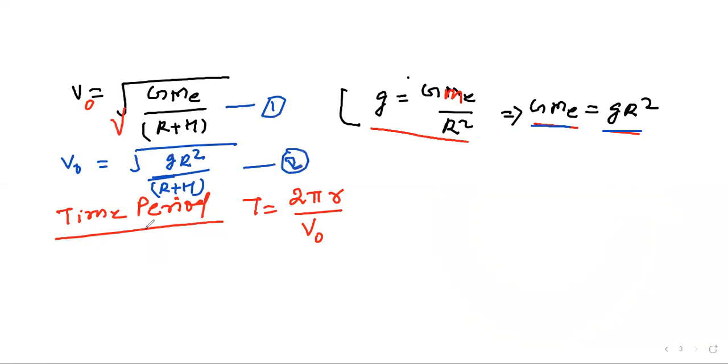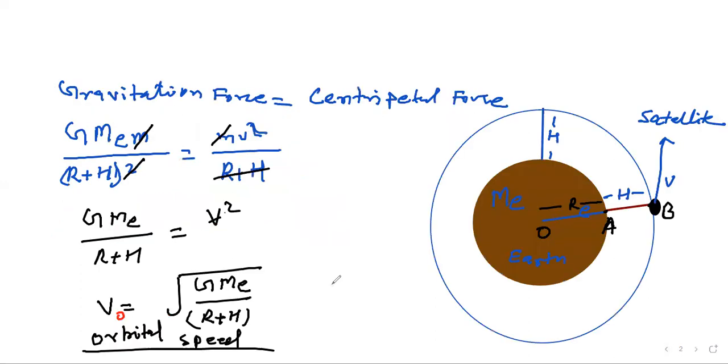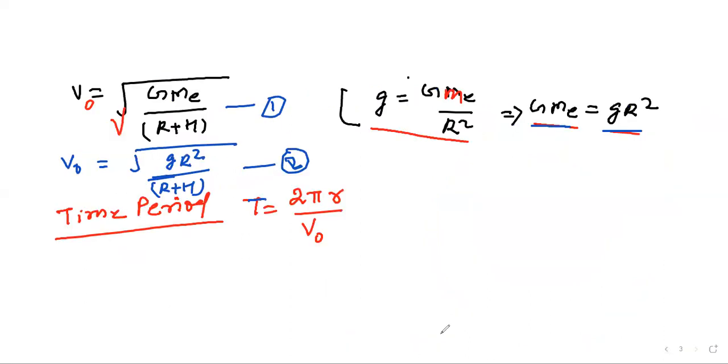Now we are finding the time period of the satellite. You know, time is equal to distance upon speed. The distance is the circumference, so I have taken circumference as 2 pi r upon VO. But in orbit, the circumference has a radius, exactly RE plus H. So we can write small r, the distance from the center of Earth to the satellite, equal to R plus H. We put this value here and we get the time period.